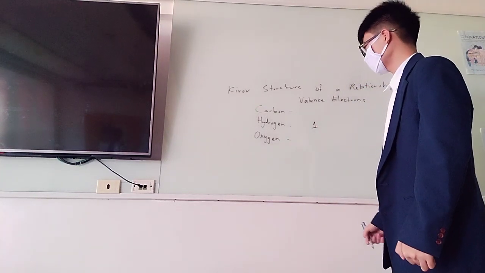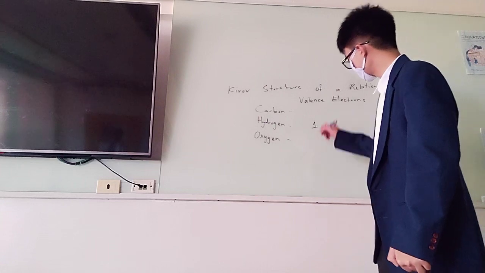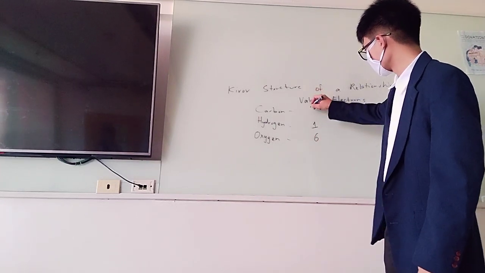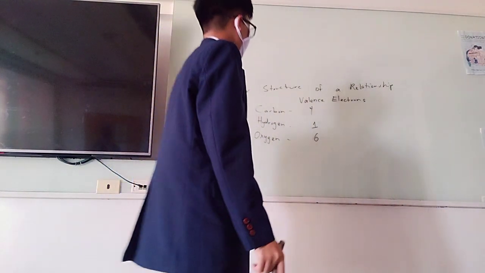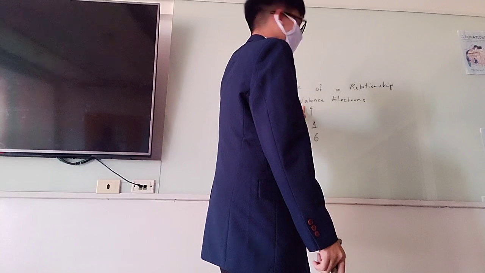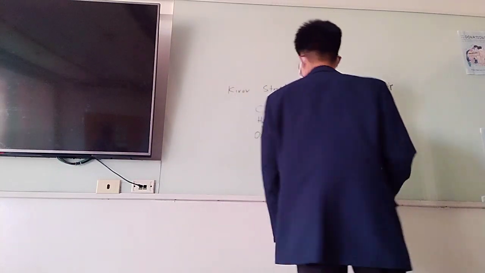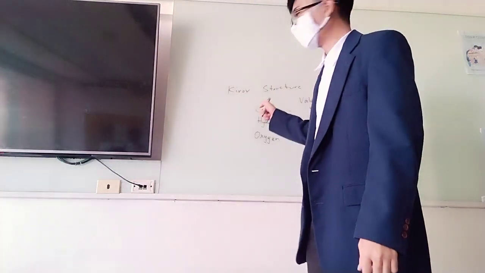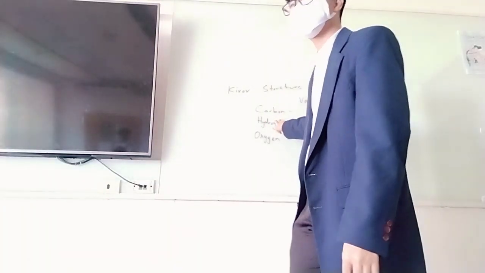Oxygen, if I remember correctly, is 6. And then carbon is 4. I think this is it. So the amount of valence electrons of an element is basically how many electrons it can expend when bonding with another element.